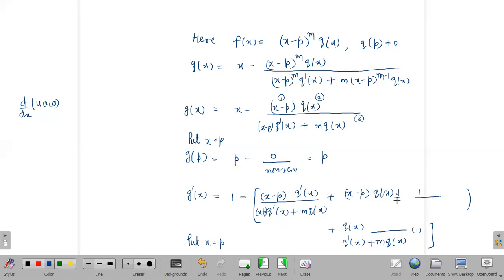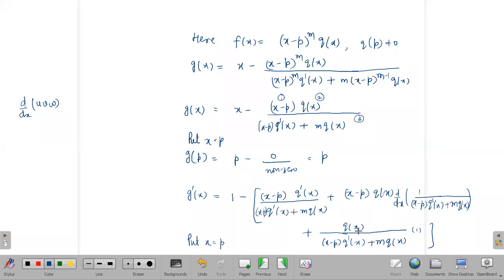So d by dx of x minus p into q dash x plus m times q of x. Here also you will get x minus p plus. So now you put it, this term again it is 0, this is also 0.